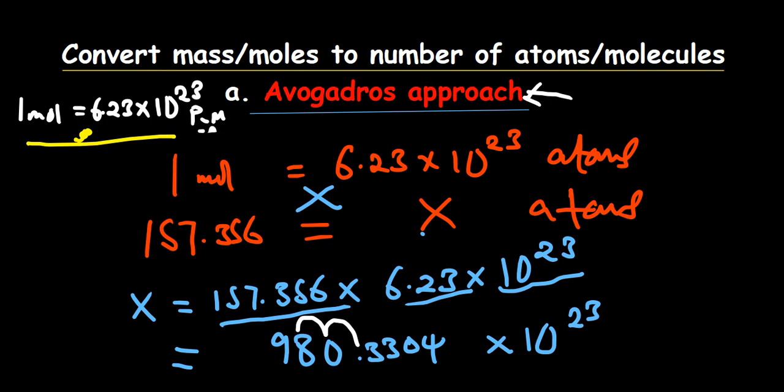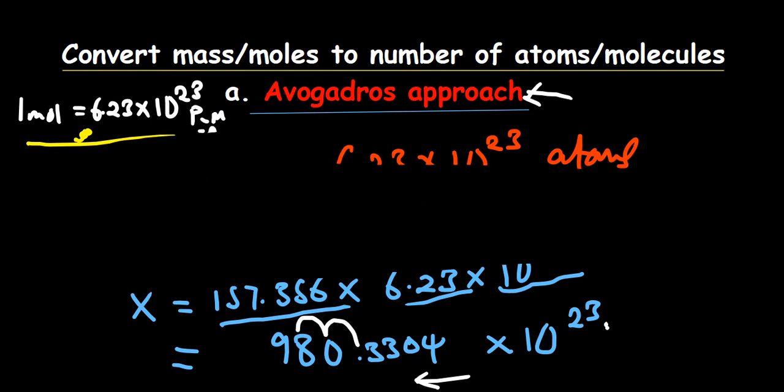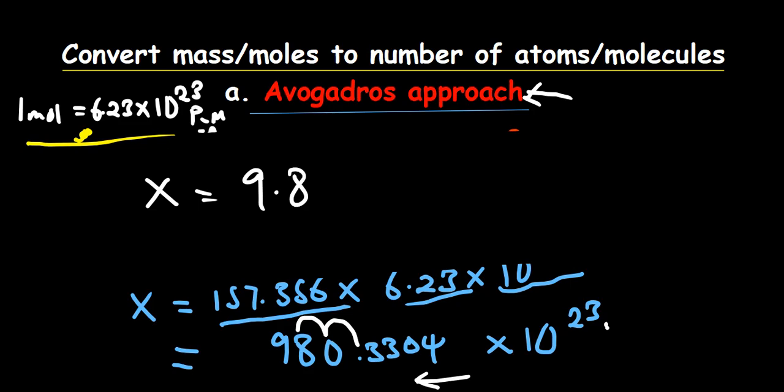We've moved the decimal place to the left, so we have to add a 2 to this power here. So our final answer is x equals 9.80 multiplied by 10 to the power 25 atoms.